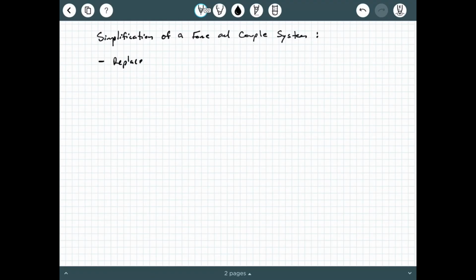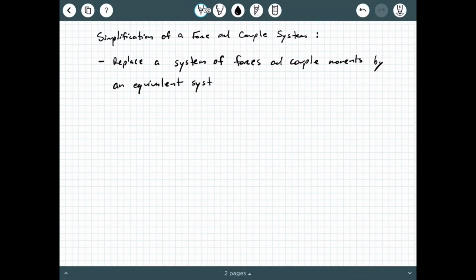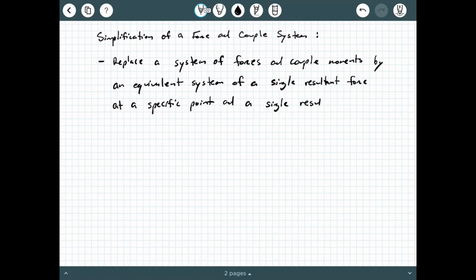We're going to say replace a system of forces and couple moments by an equivalent system of a single resultant force at a specific point and a single resultant couple moment at the same point.